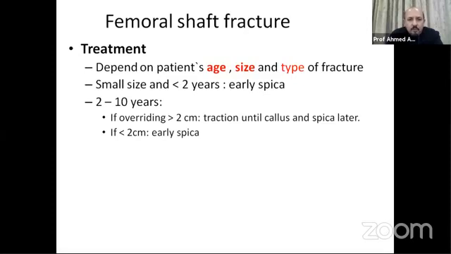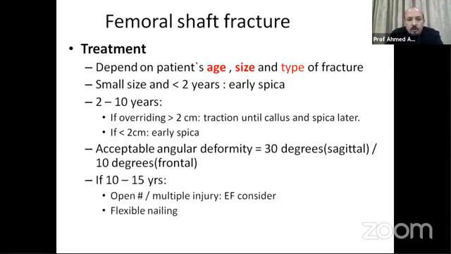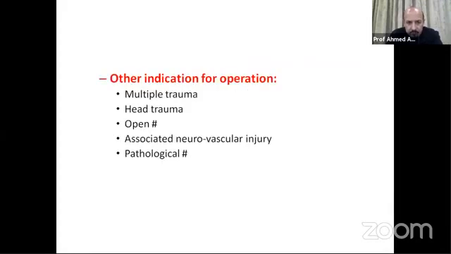If less than 2 centimeters, we can do early spica application. We can accept angular deformity of 30 degrees in the sagittal plane and 10 degrees in the frontal plane. Some surgeons can accept more angulations than these degrees. For older children, 10 to 15 years, open fractures, multiple injury fractures, external fixation should be considered, or flexible nailing.